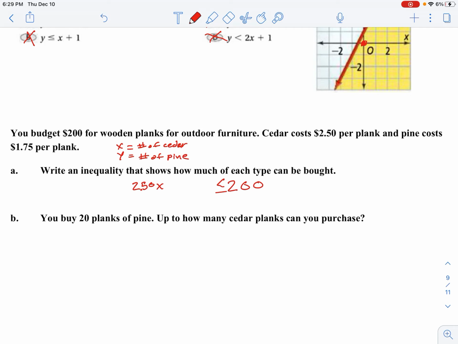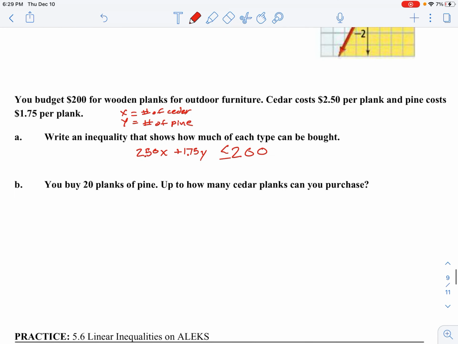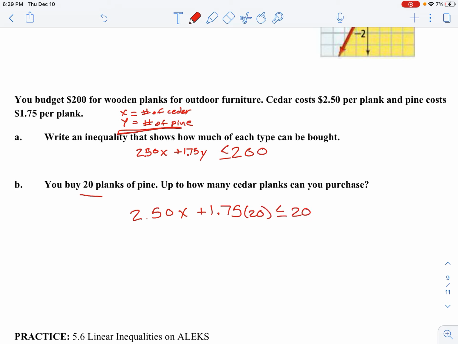We're buying X cedar planks plus $1.75 for every pine plank, and that's our inequality there. So it says you buy 20 planks of pine, up to how many cedar planks can you purchase? So I'm going to plug in 20 for Y, since that was my pine. So I'll have $2.50 times X plus 175 times 20 is less than or equal to 200.